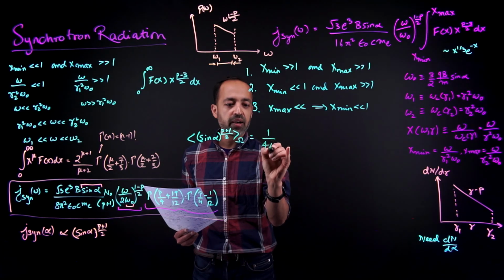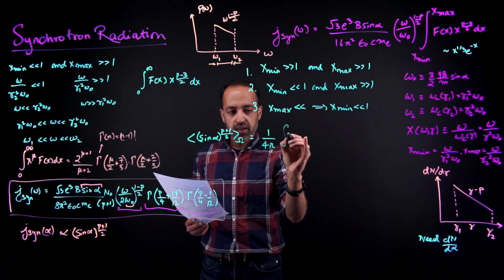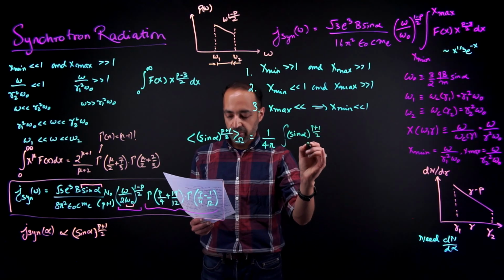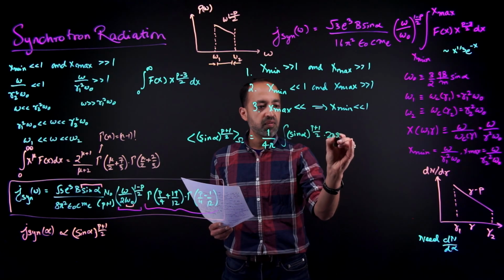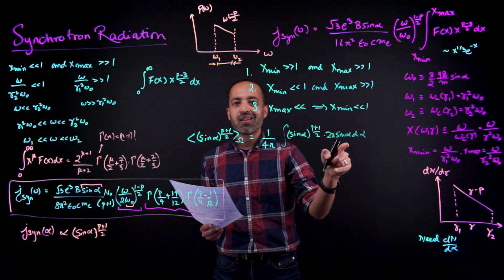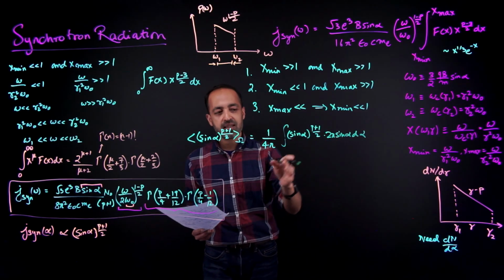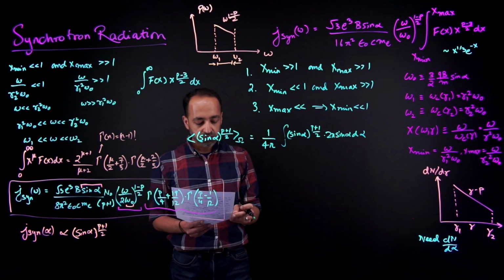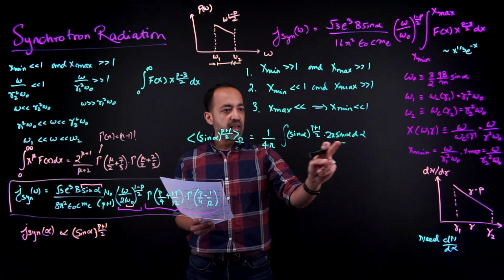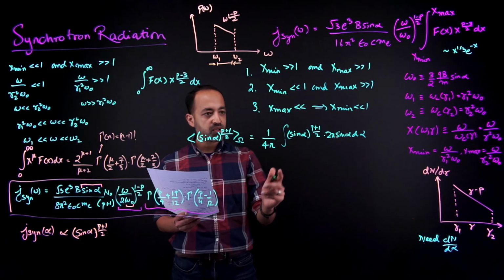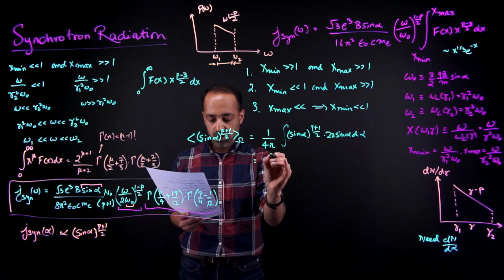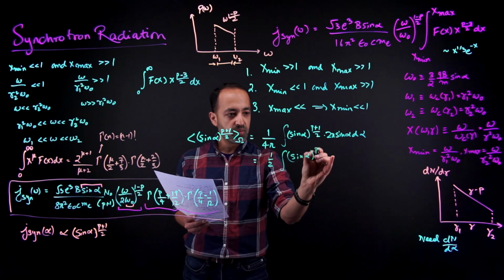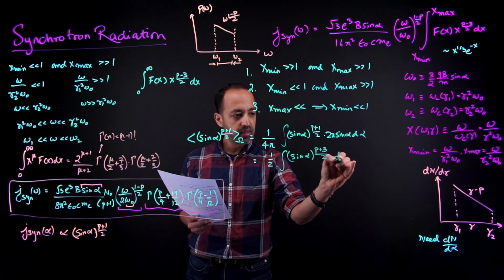So it's 1 over 4 pi times the integral of sine alpha to the power of p plus 1 over 2 times 2 pi sine alpha d alpha. Here we've simply taken our polar direction to be aligned with the z-axis, and so your theta in the d omega becomes the alpha direction. And so now you have sine alpha to the power of p plus 3 over 2. So this is 1/2 the integral of sine alpha to the power of p plus 3 over 2 d alpha.